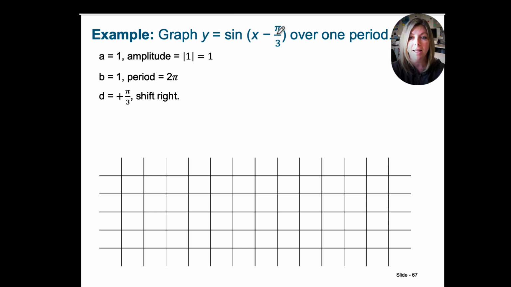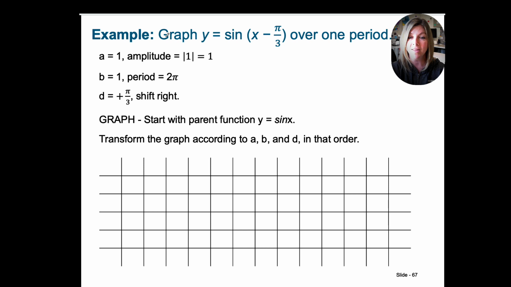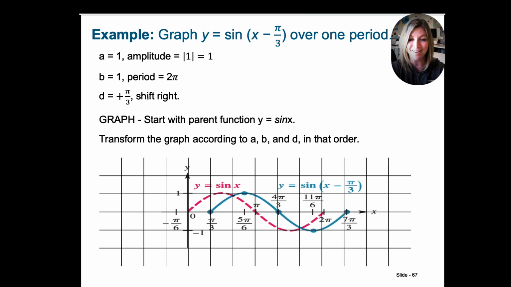And d is pi over 3, which means we're going to shift that function to the right. Okay, so just one transformation takes place. So we start with the parent function, y equals sine of x, and then we transform in the order that we're learning these. You want to go a, b, then d. Well, a is no transformation, b is no transformation, so really this one is just d.